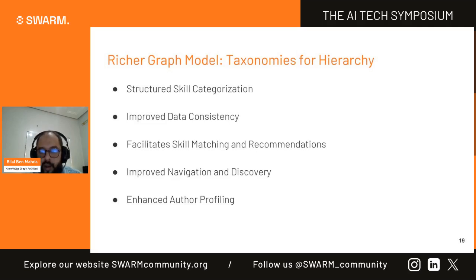And also, by linking authors to a detailed skill taxonomy, it's possible to create comprehensive profiles that highlight authors' expertise, proficiency levels, and potential areas for growth.